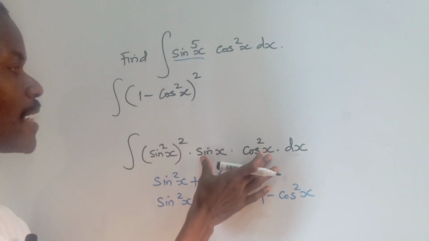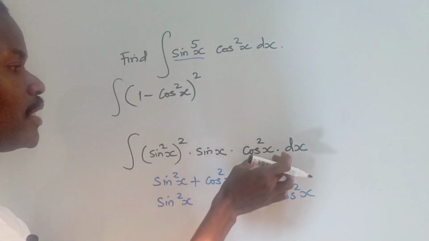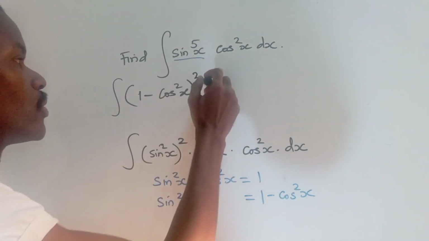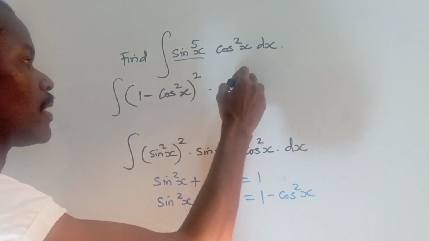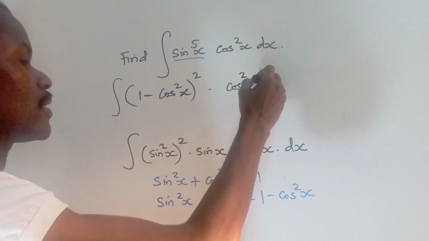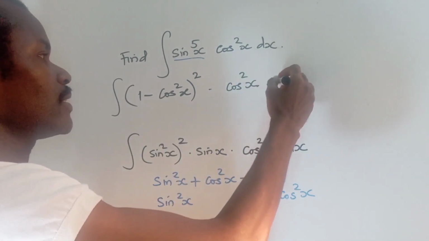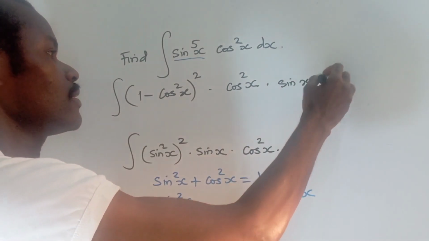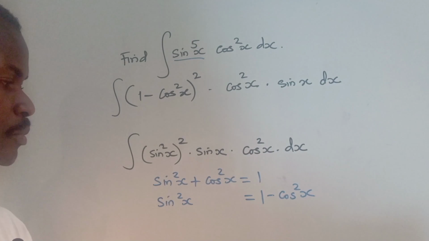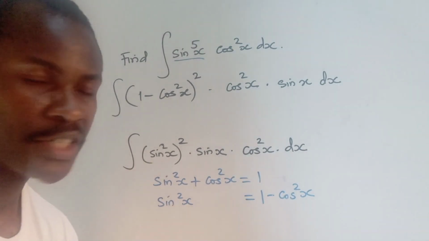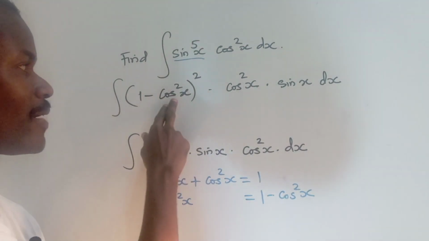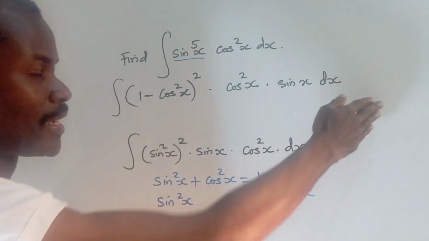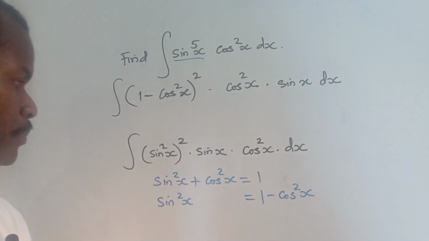Now this part, I can decide to rearrange it. I can bring this first, close to this, so we have multiplied by cos squared x, and then sine x dx. So you can see that we'll be able to keep our cos on one side and sine on one side.